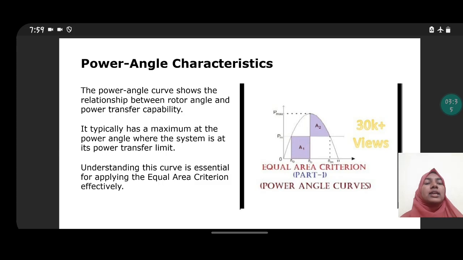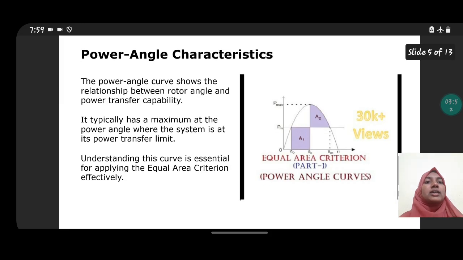So what do power angle characteristics mean? Here you can see the graph. The graph is between electrical power and rotor angle. The power angle curve shows the relationship between rotor angle and power transfer capability, in which P max is the maximum.